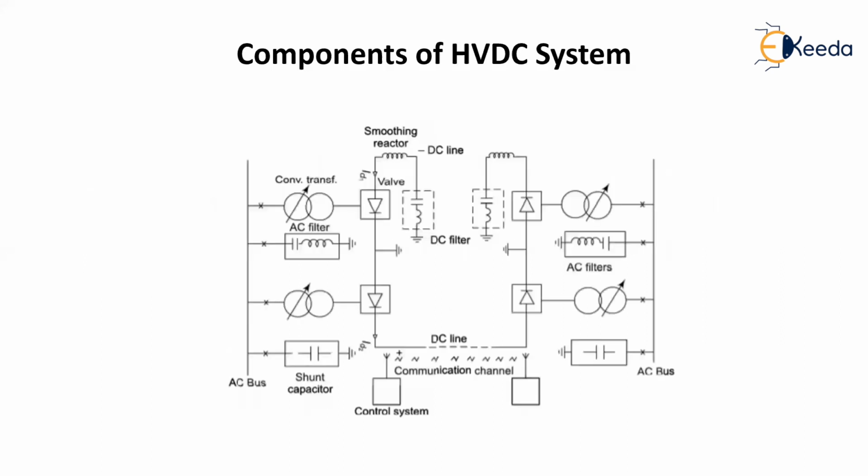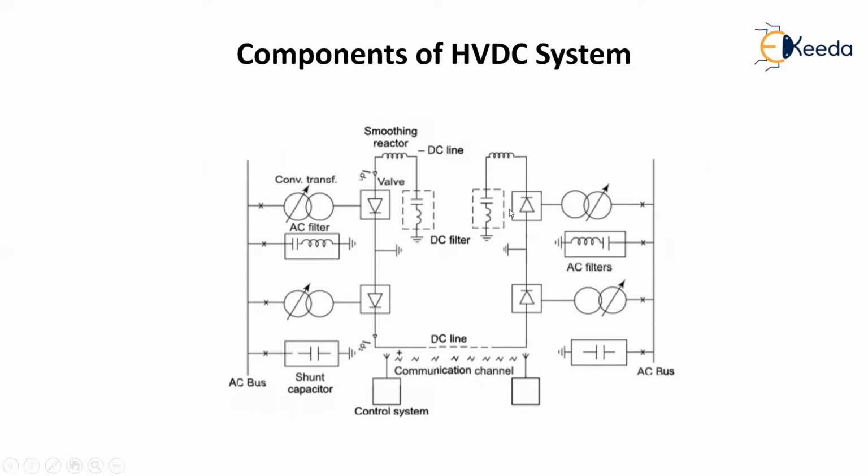So this is how a typical HVDC system will look. This is the AC bus from which the AC supply is coming, and here is the converter transformer we discussed. This is not the same as the conventional transformer, but is different for the HVDC system. And this is the converter station. This is one converter station, then this is another converter station, and this is the DC conductor, and we can see the AC filters and shunt capacitor for reactive power compensation.